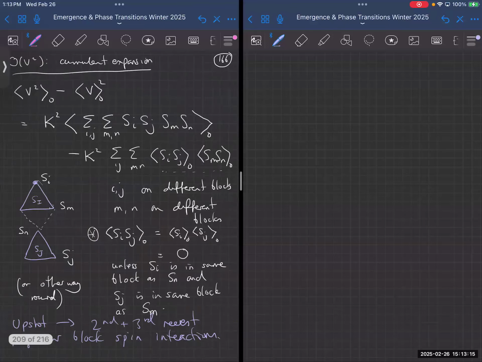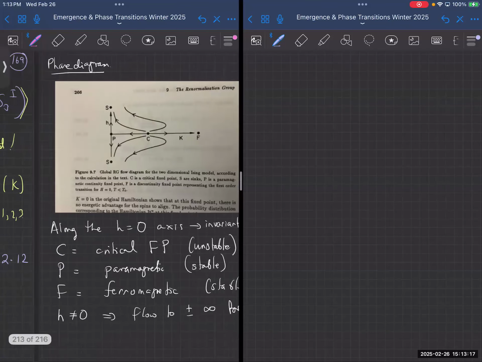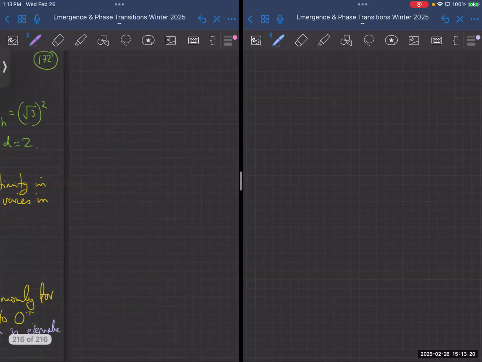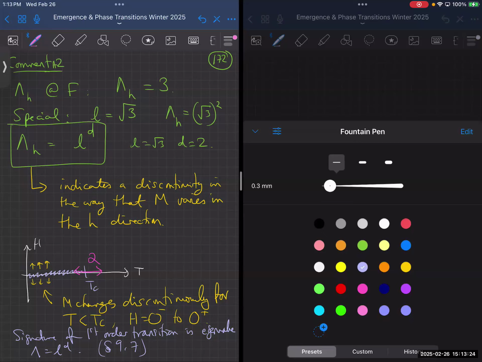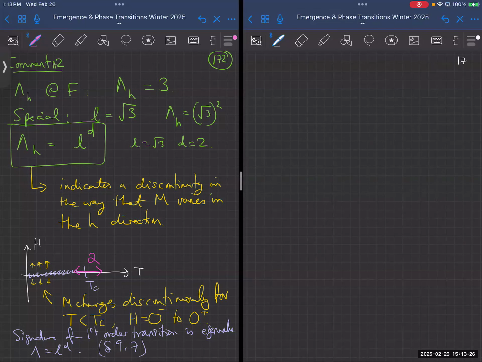I think what I want to do now is talk a little bit about the transfer matrix, which is a somewhat different topic, but it's related. What I'm going to give you as homework today is basically one of the optional questions from the last homework sheet, which was to do the renormalization group calculation and compare with the transfer matrix.